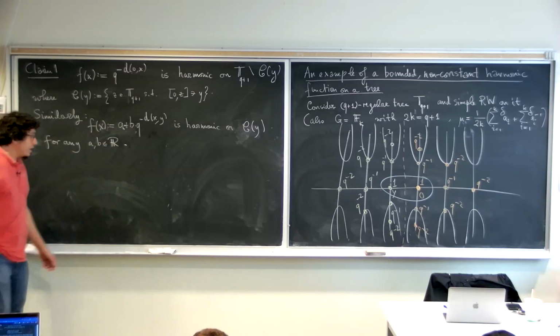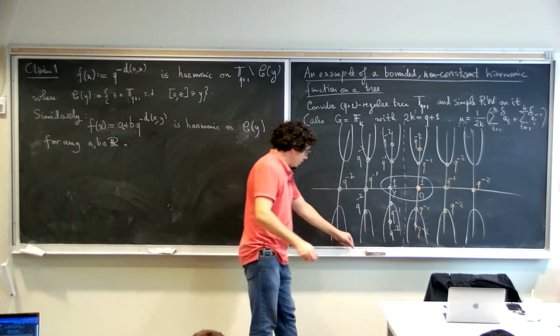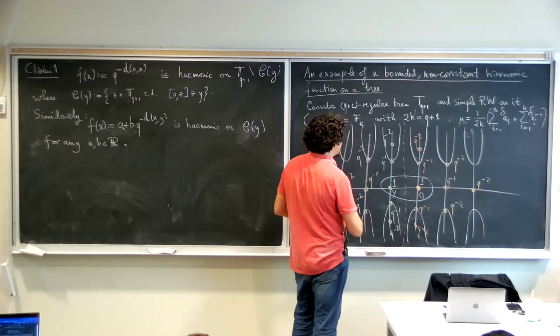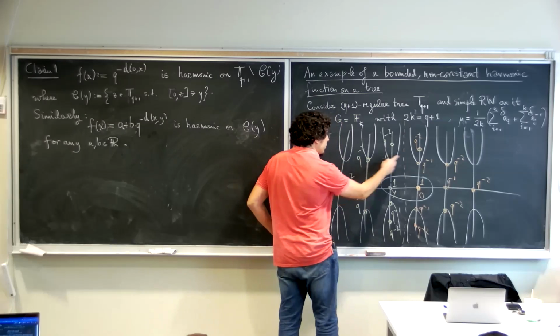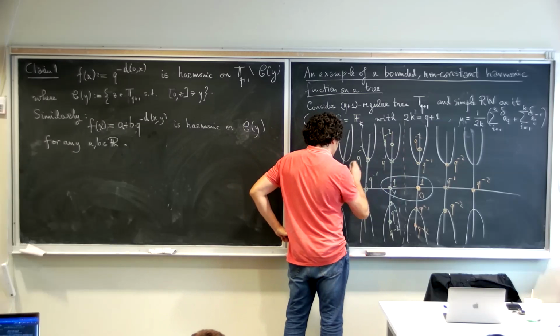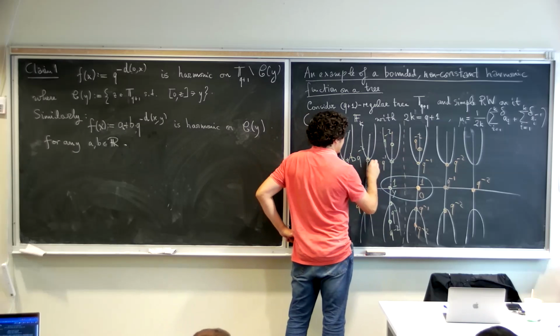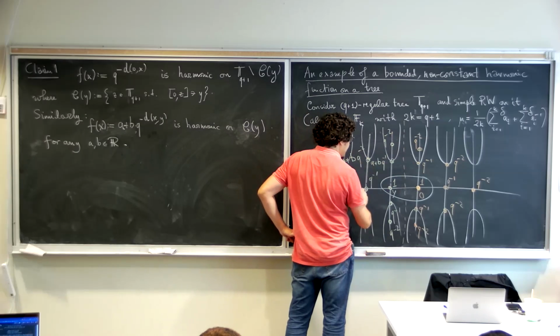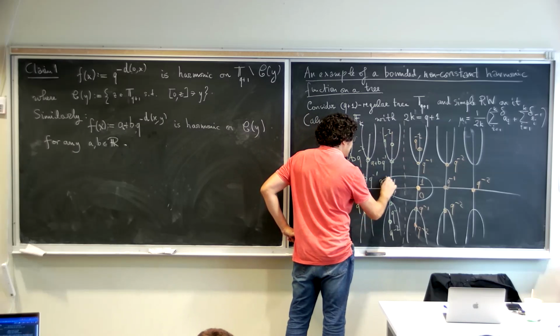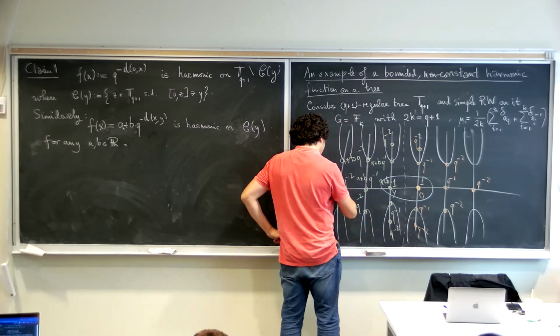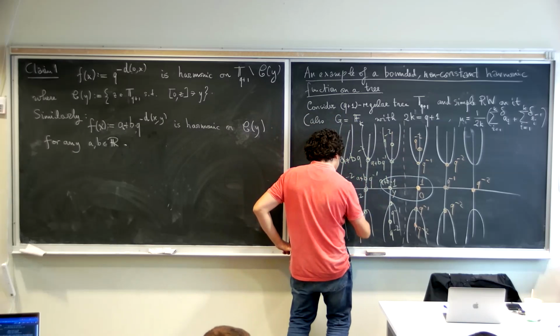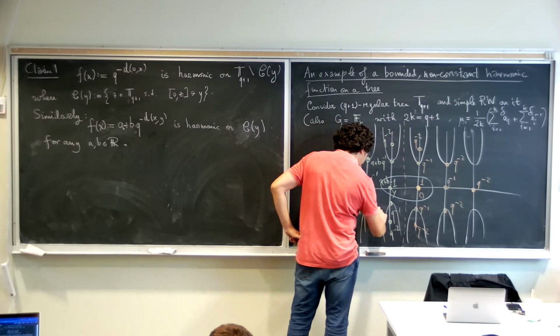And so it means that here, instead of this function, you can put everywhere a plus b q inverse, a plus b q inverse, a plus b q inverse. This is a plus b times 1. This would be harmonic.